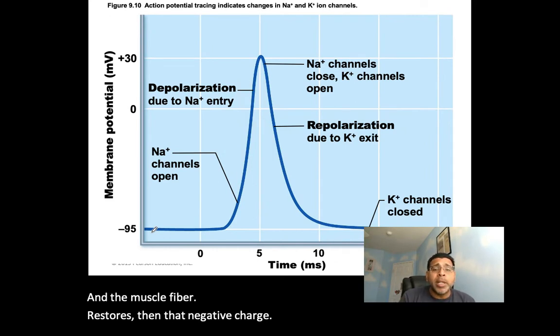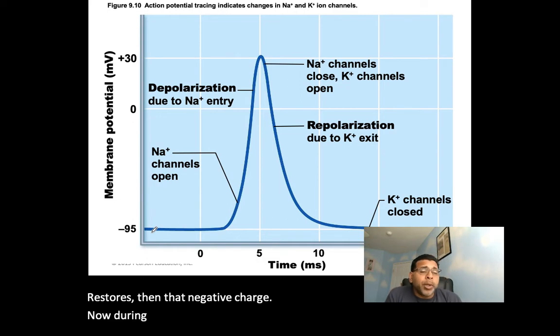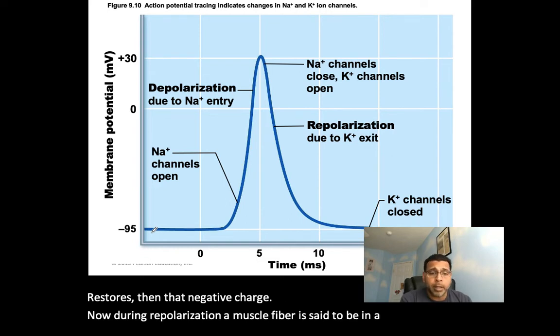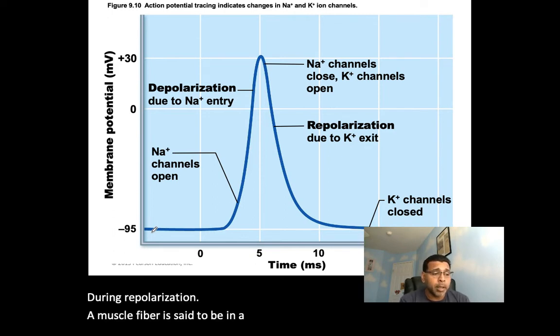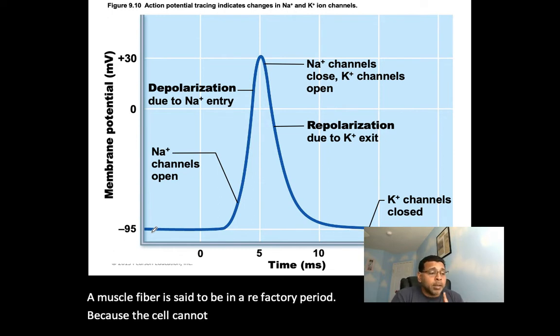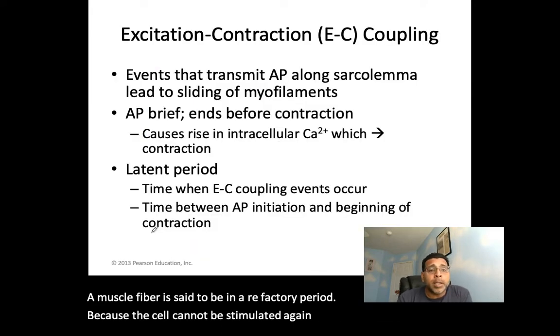Now, during repolarization, a muscle fiber is said to be in a refractory period, because the cell cannot be stimulated again until repolarization is complete.